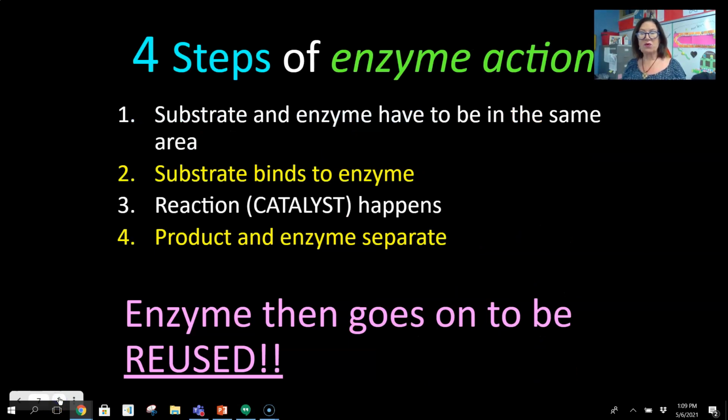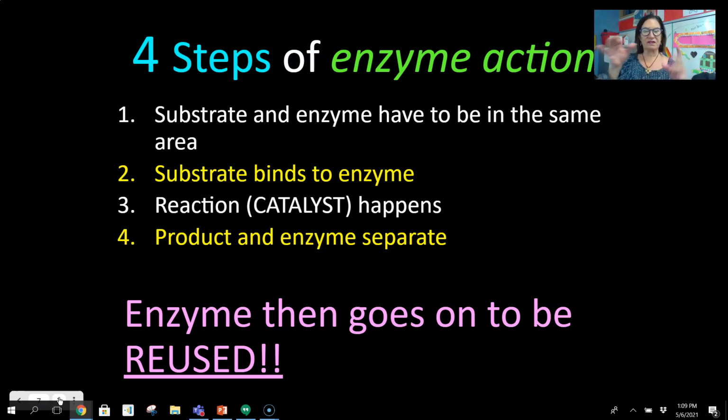So there are 4 steps of enzyme action. First off, the substrate and the enzyme have to be in the same area. Obviously they can't come together if they're not in the same area, so this one's kind of a given, right?